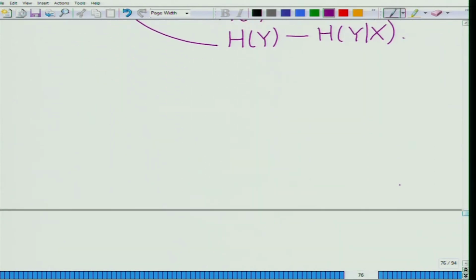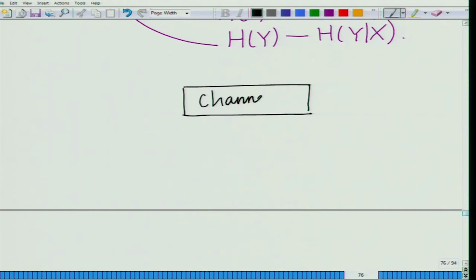Okay. And now, let us look at this definition again in the context of communication. So let us say this is our communication channel, x is what is transmitted, and this is y.